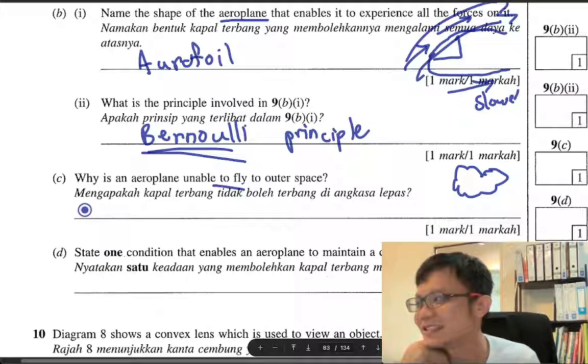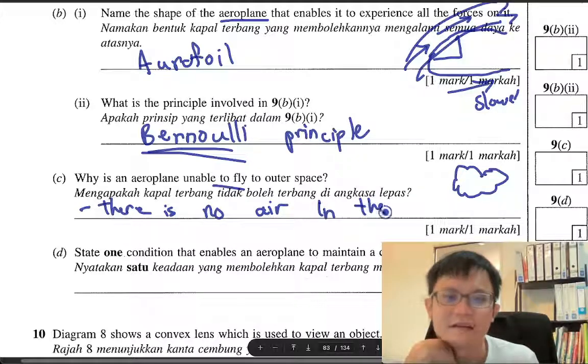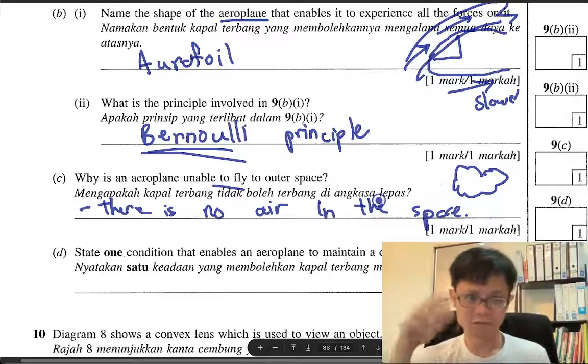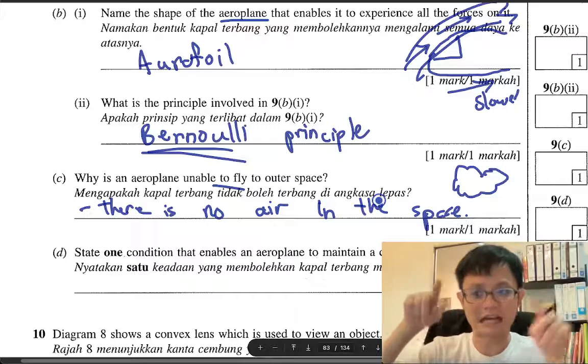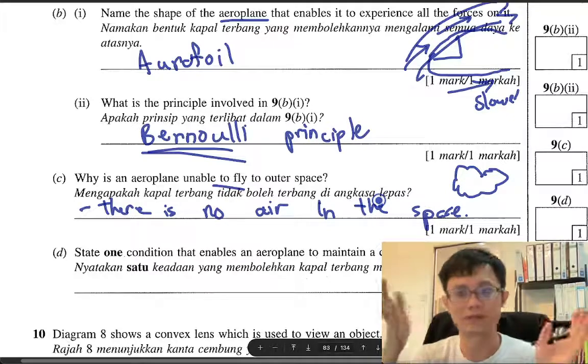No lah. Because in space, there is no air. So when you turn on the engine, it is going to suck wind, but there is no air for the plane to suck.